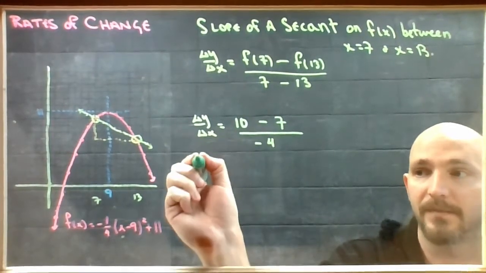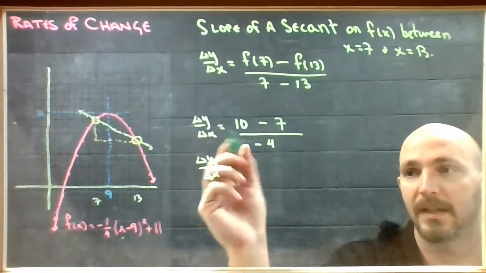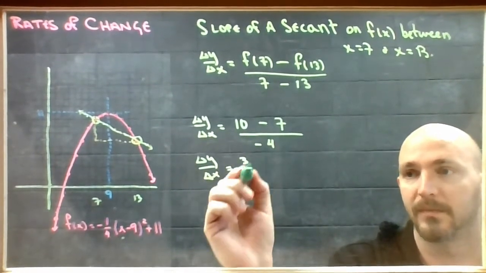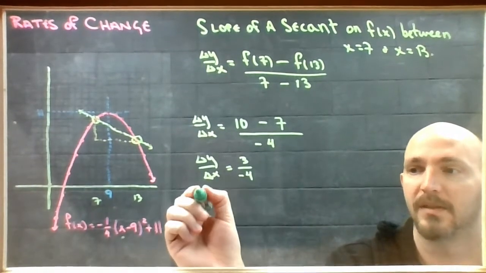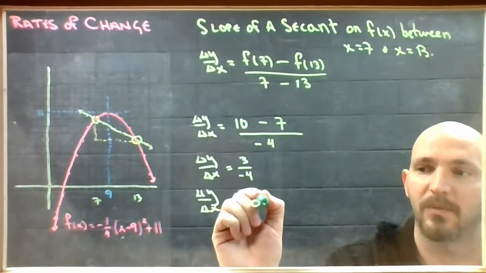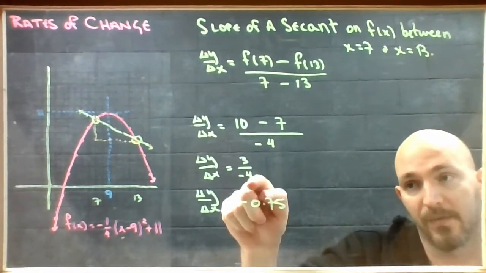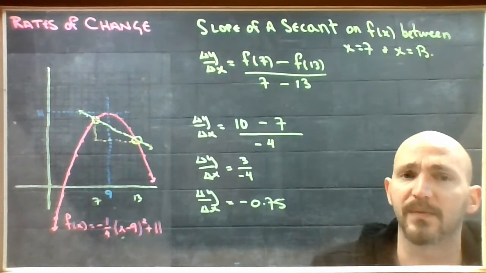So to finish off here then, 10 minus 7 would be 3, over -4. So I end up with a slope for this secant of -0.75. Or you could leave it as this fraction. Slopes are sometimes more useful as fractions.